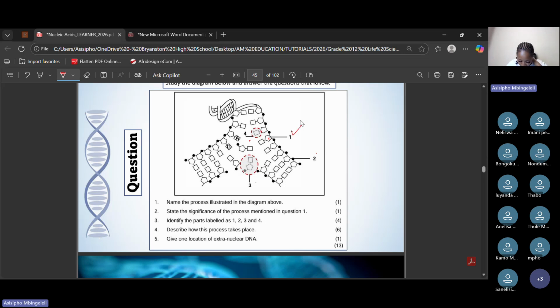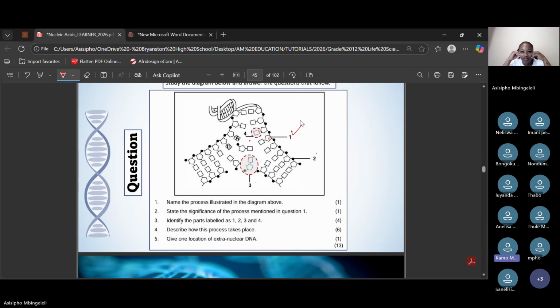Then anyone to give me 2? Ma'am, what if you wrote pentose sugar? Do you still get a mark, or is it wrong? That would be wrong. Do you know why? Because they will say you can see that this is a DNA molecule. So we want the specific name of the sugar that we find in DNA nucleotides.